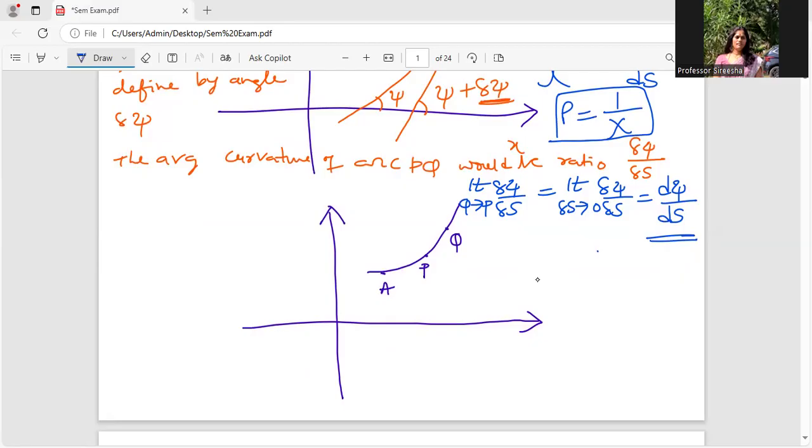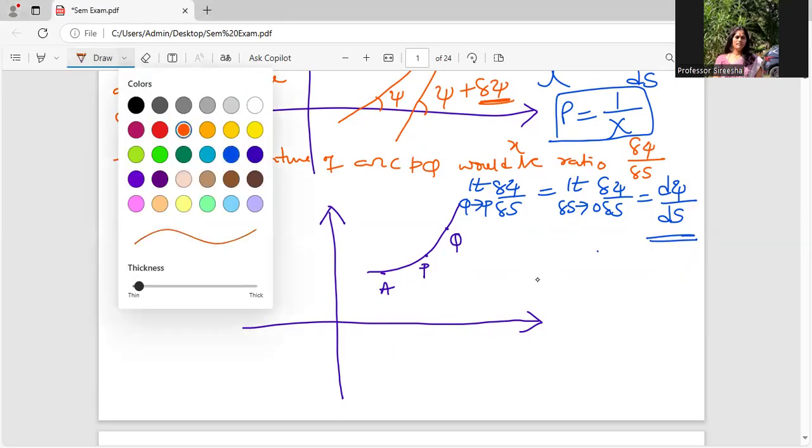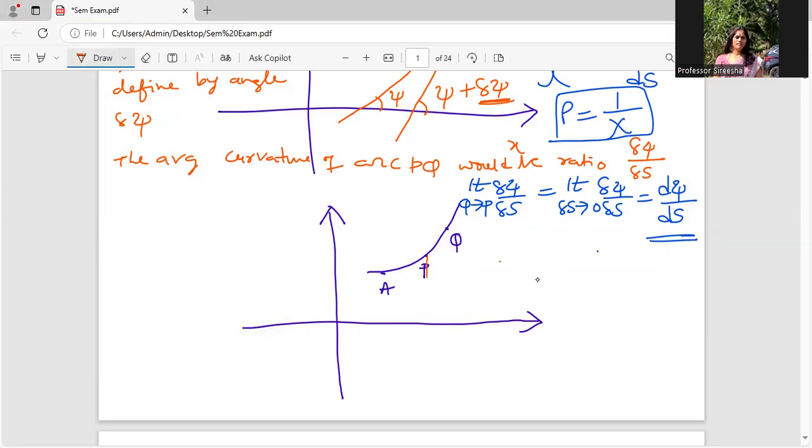Now, this was the curve I was considering. A, P, Q are the points. From P and Q, I will draw perpendiculars onto the x-axis. Then the distance from P to Q along the x-axis would be delta x, and, let this point be N, the distance from N to Q along the y-axis would be delta y.